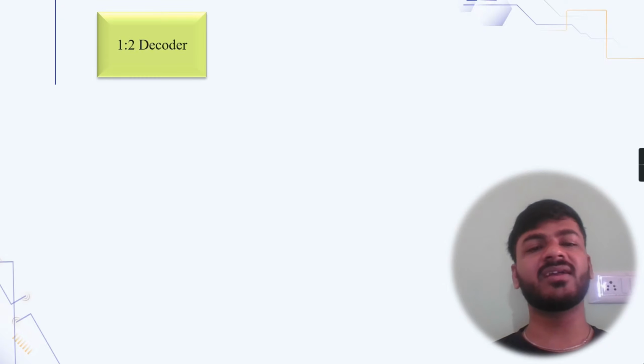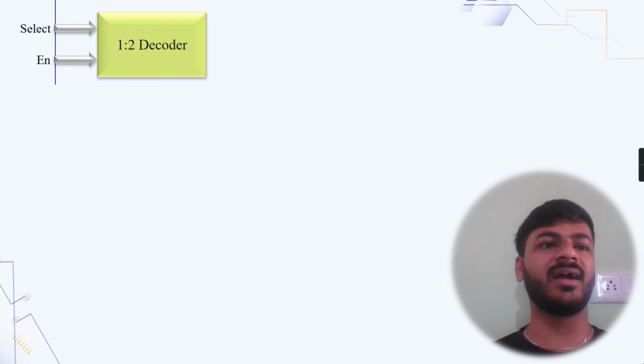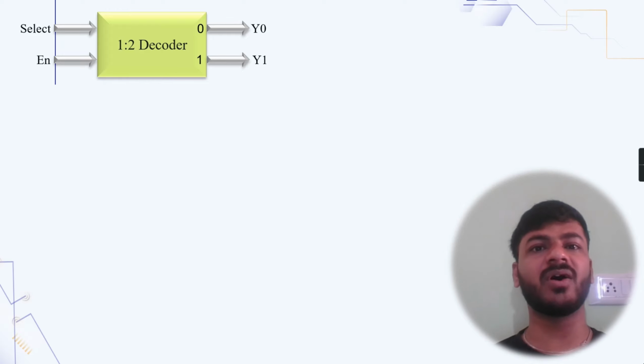Now if I talk about working and functionality of 1:2 decoder, it has one bit of select line, that is the input, and enable, and 2 outputs. As I told you, if select line is 1 input, so 2 to the power 1, that is 2 outputs. So here for active high enable, if input is 0, then Y0 will be active.